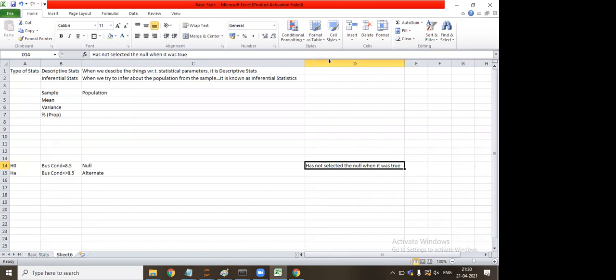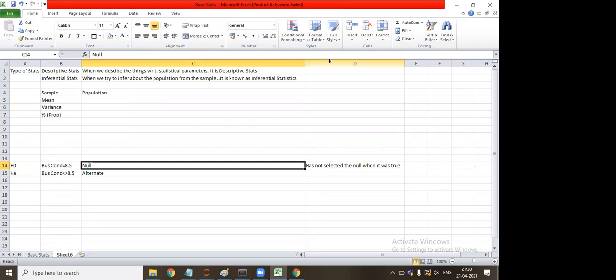Okay. Is it clear till now? Person B called person A, and person A said it's actually 8.5. Then person B realizes that he has not accepted this null condition when it was true. So he has made an error in decisioning. Is it clear?